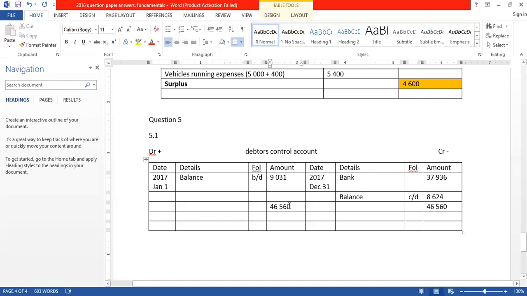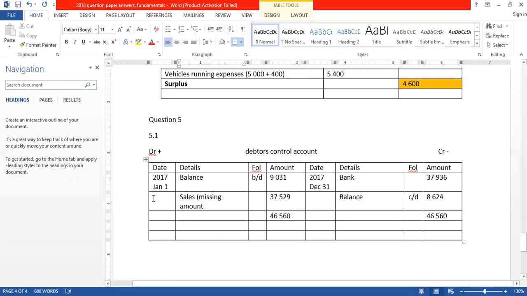So 46,560 minus the amount that is on the smaller side, minus 9,031, will give you your total sales amount that you are looking for, which is 37,529. And this is your sales amount, the missing amount that you are looking for.